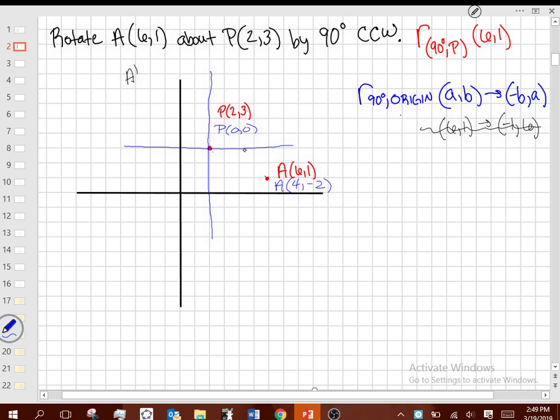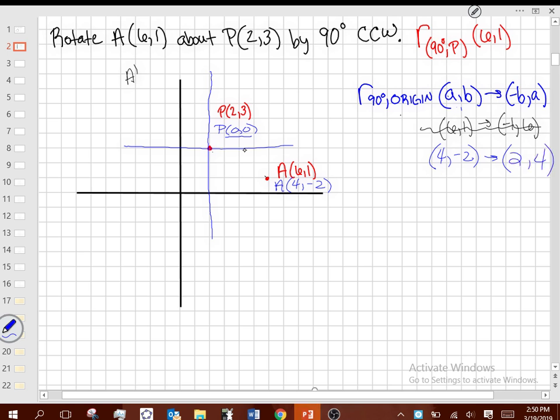Now, do you have a point A that you can rotate around an origin? That make sense? So now what you're going to plug into this thing is not (6, 1), it's (4, -2). Well, when I plug in (A, B) as (4, -2), it's going to turn into (2, 4), right?